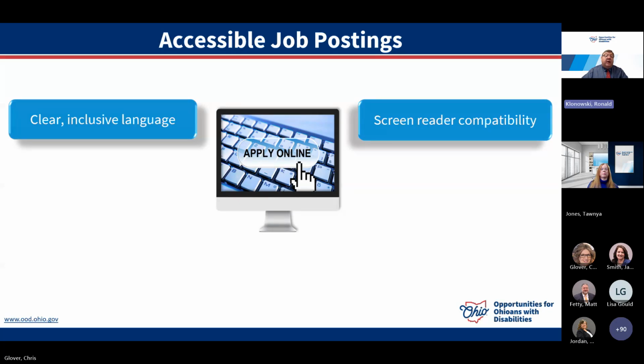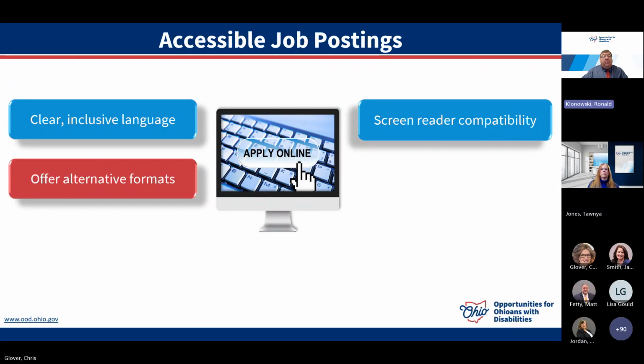Avoid image-only job postings or scanned documents that screen readers can't read. Offer alternative formats. Provide job postings in large print or audio formats upon request. For online postings, use accessible fonts and sufficient color contrast to support applicants with visual, cognitive, or learning disabilities.